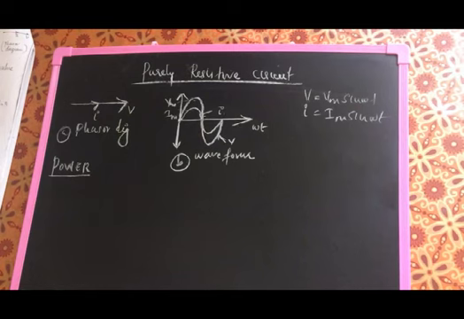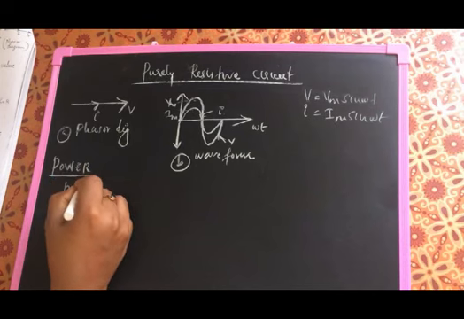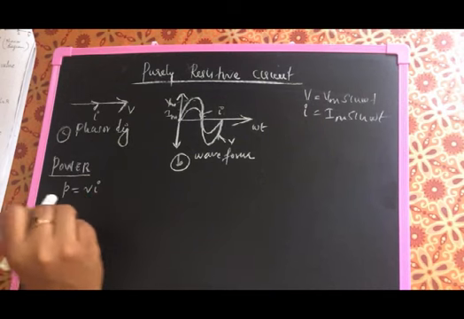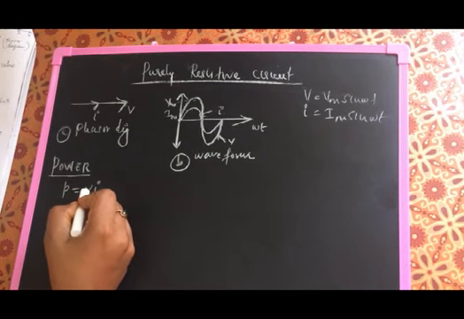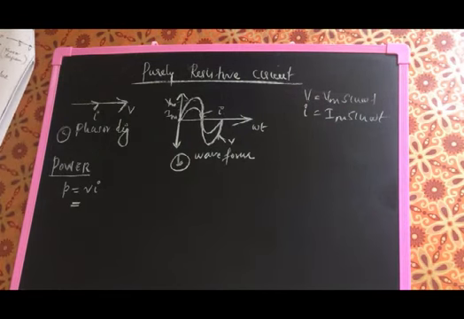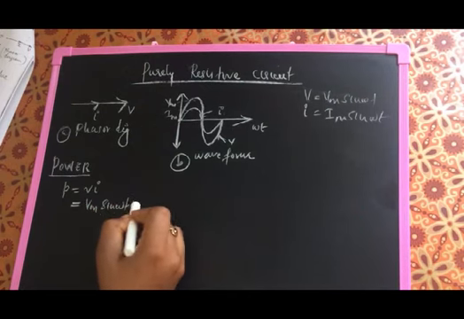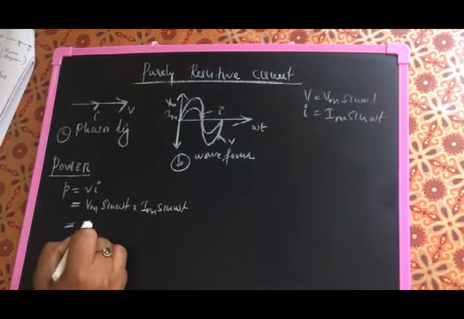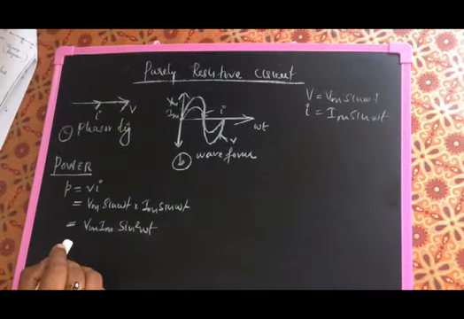What is the basic equation of power in an electric circuit? As we all know, P is equal to V into I, that is voltage into current. This is the very basic equation of power. We have already got the equations of voltage and current as Vm sin omega t and Im sin omega t. So P is equal to Vm sin omega t into Im sin omega t, that is equal to Vm Im sin square omega t.